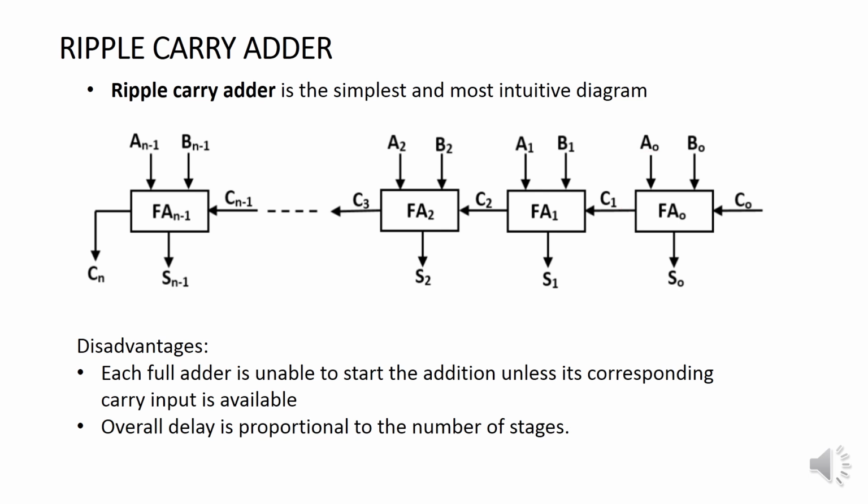And second, to obtain the complete final result, you have to wait until all the carries have been added through the different columns. In other words, you have to wait until all the carries have been rippled through all the columns. Consequently, the overall delay of a Ripple carry adder is proportional to the number of stages.